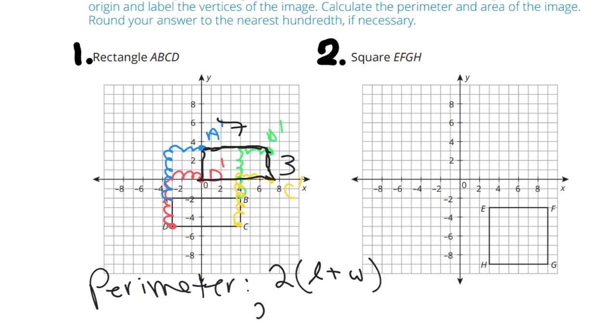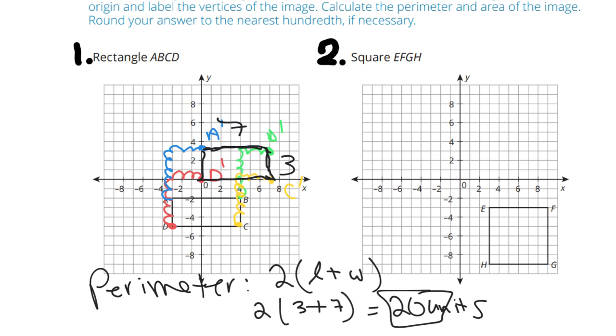So here I'm going to do 2 times the length was 3, plus the width was 7. 7 plus 3 is 10, and 2 times 10 is 20. So 20 units.